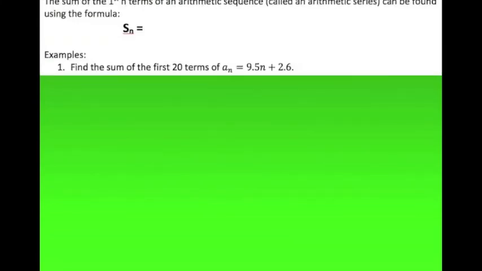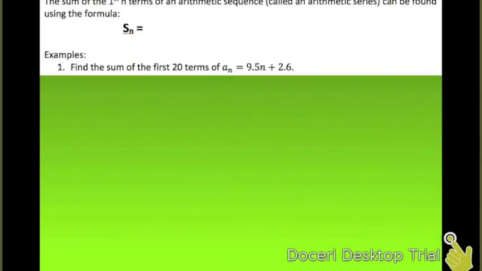You can also do sums of these. So these are called arithmetic series. And they can be found using the formula S sub n equals n times a sub 1 plus a sub n over 2. So that's saying you're multiplying the term number times the sum of the first and last terms and dividing it by 2.